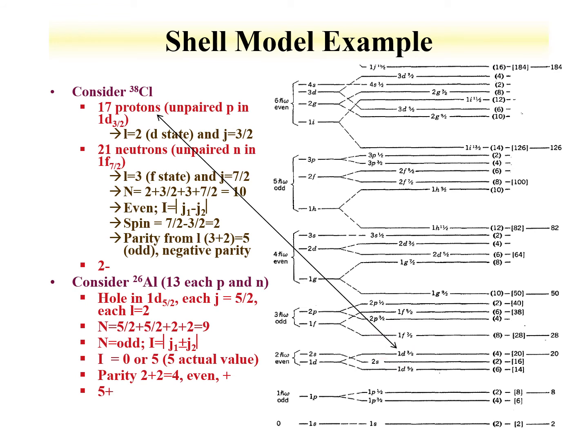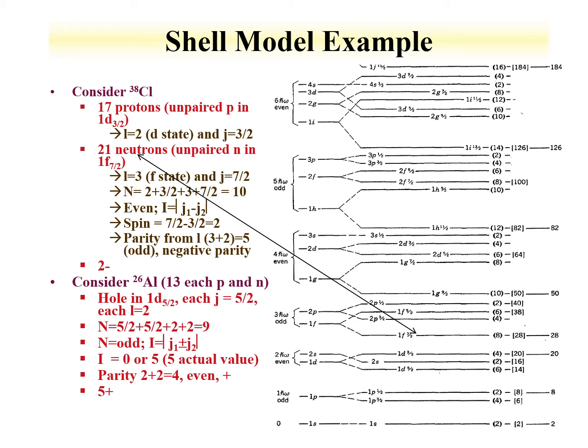S being 0, P being 1, D being 2, and J, the spin, is 3/2. The 21st neutron, there's 20, 21, is in the 1f 7/2 state. So L is 3 for the F state, and J is 7/2.